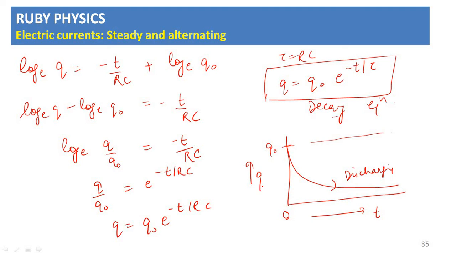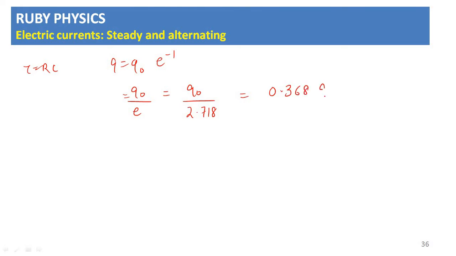This is the Q axis. What will be the definition here? We put tau equal to RC, so Q = Q naught e to the power −1, which is Q naught over e, that is Q naught over 2.718, which equals 0.368 Q naught, that is 36.8% of Q naught.